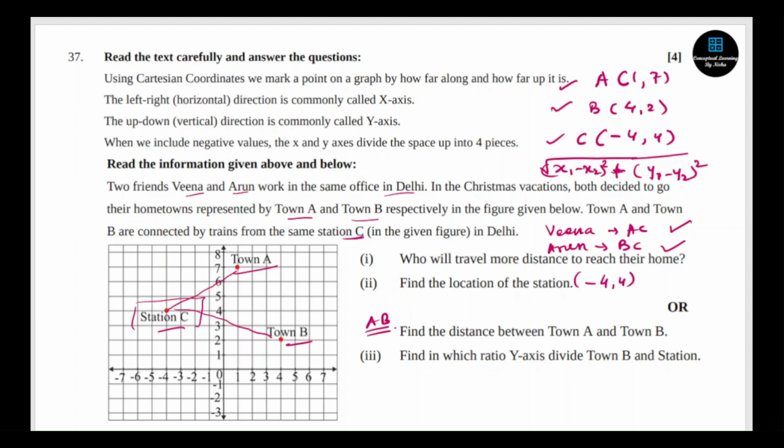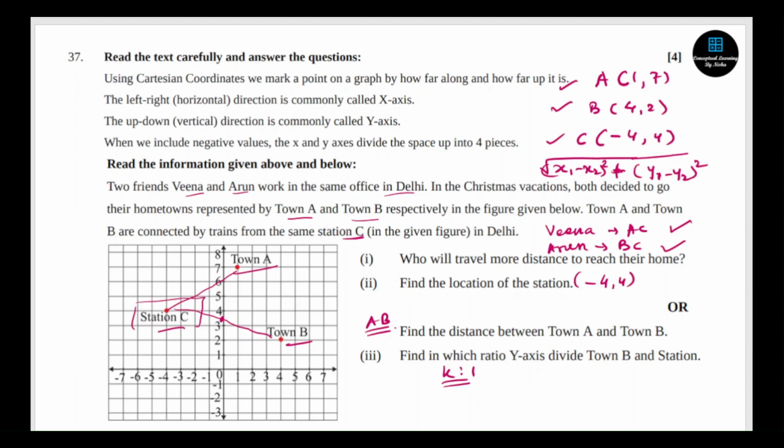Now find in which ratio Y divides the town B and station. This point you have to find, correct? If the ratio is k is to 1, then if you just join this, the x coordinate will be 0.